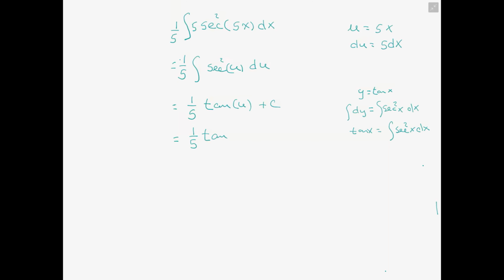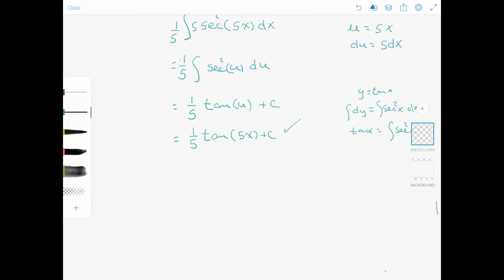So this is 1/5 tangent u plus c, and we substitute back in. We got 1/5 tangent u, which is 5x.